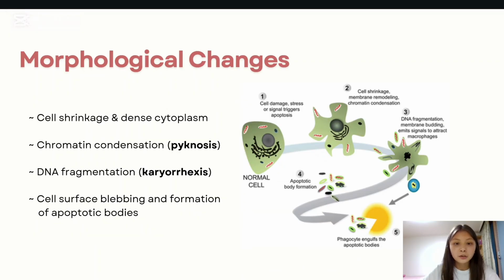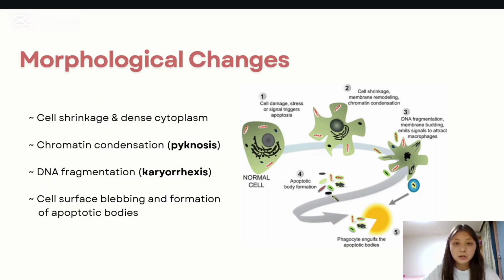Next is morphological changes. Before apoptosis occurs, the cell undergoes several morphological changes. First of all, the cell shrinks and its cytoplasm becomes dense. Then chromatin starts becoming dense, and this process is called pycnosis.